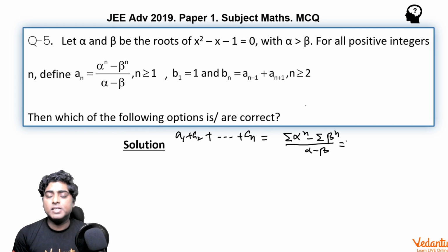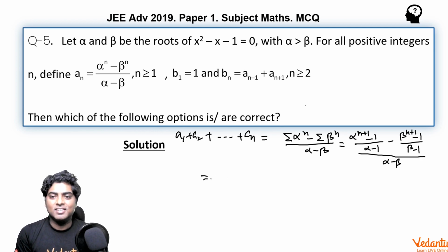Now sigma alpha raised power n ranging from 1 to n, so we can write alpha into alpha power n minus 1 upon alpha minus 1 using the formula of sum of a GP. I can write it like this.